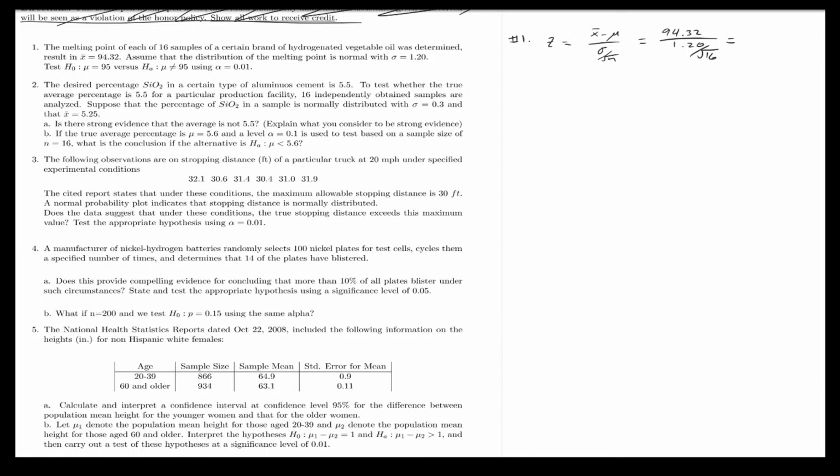And crunch that in our calculator. 94.32 minus 95, divided by 1.2, times 4. It's negative 2.266 repeating.